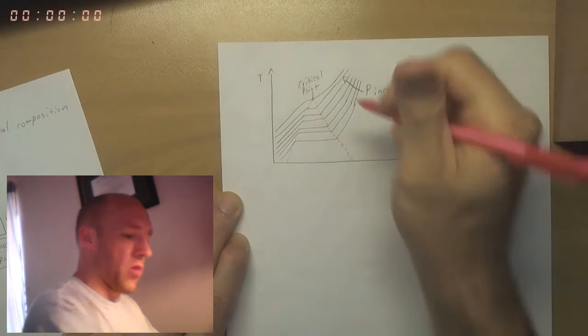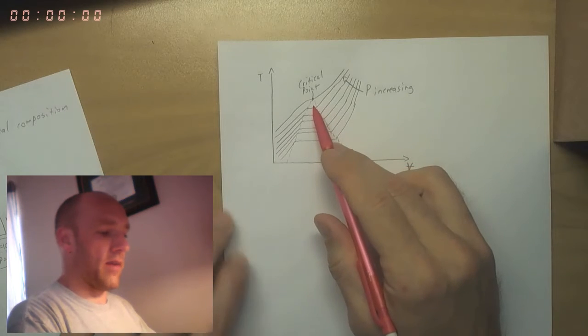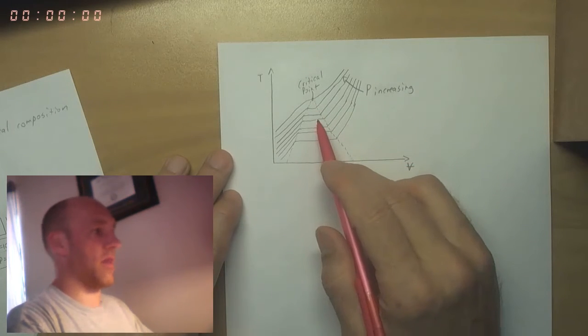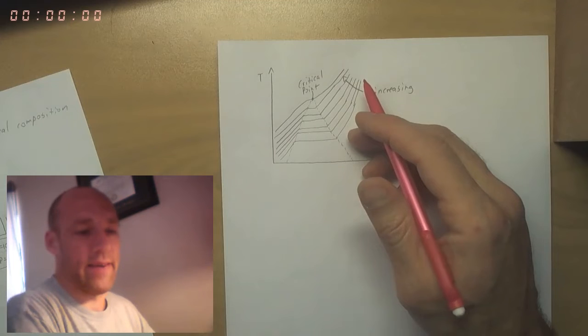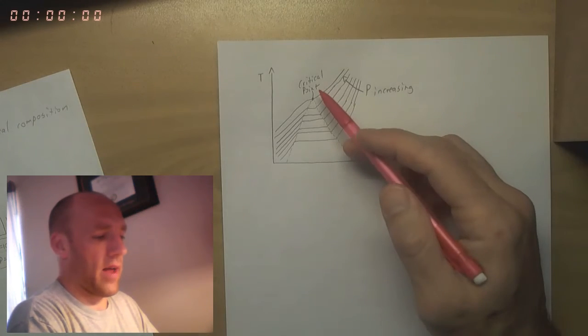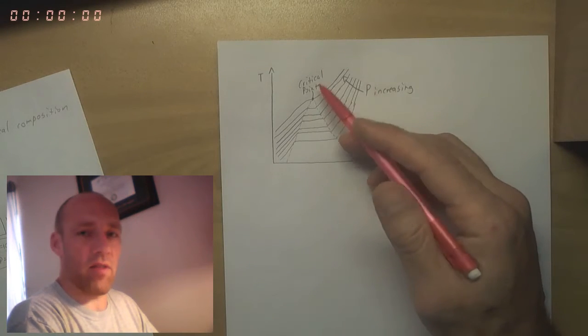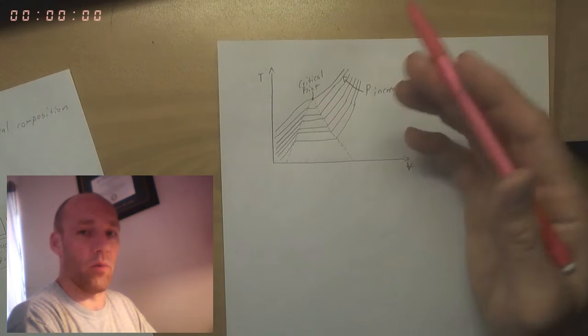And the critical point is when you can no longer distinguish between vapor and liquid phases. It's an interesting topic, I guess, but we're not going to be dealing with anything that's even close to the critical point or above it.